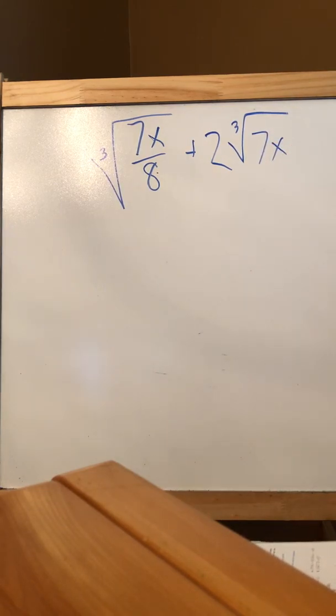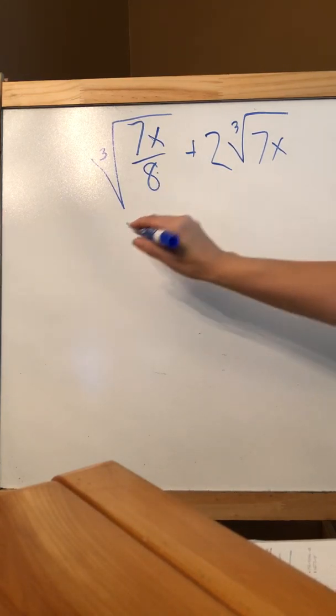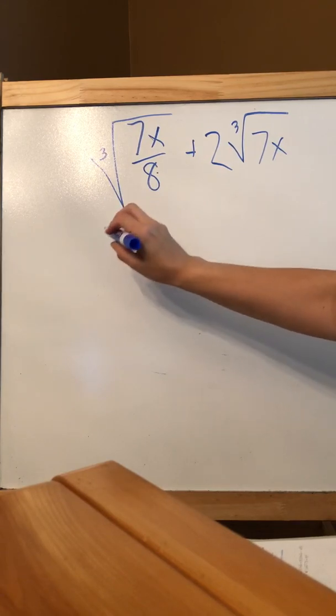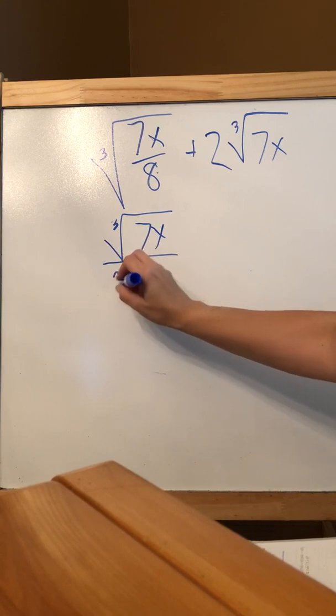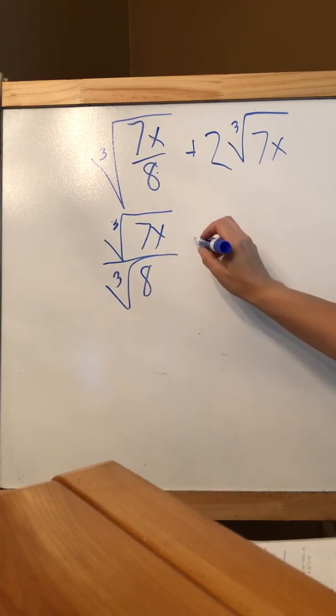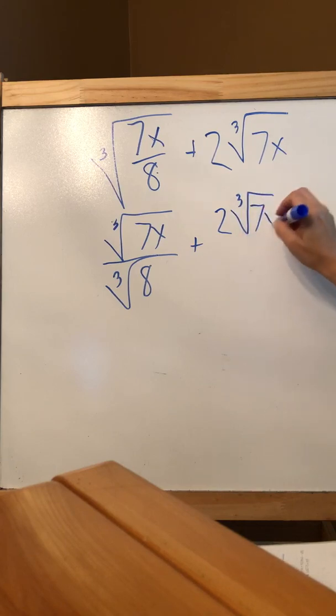Okay, so let's rewrite our cube rooted fraction here as the cube root of 7x over the cube root of 8. And now we have plus 2 times the cube root of 7x.